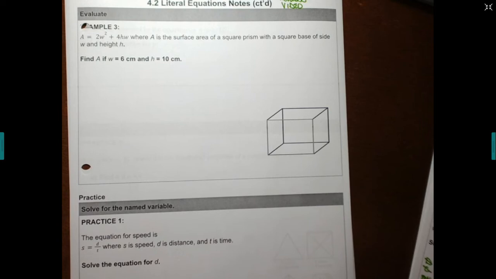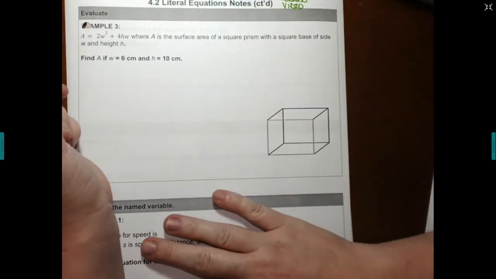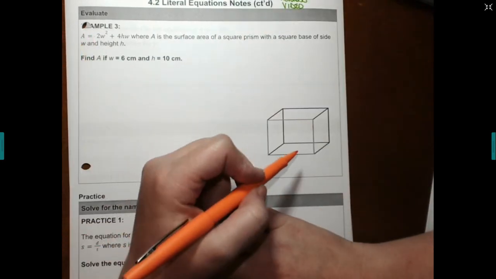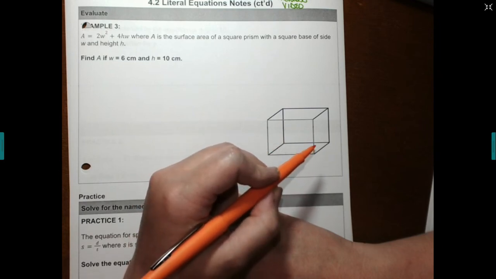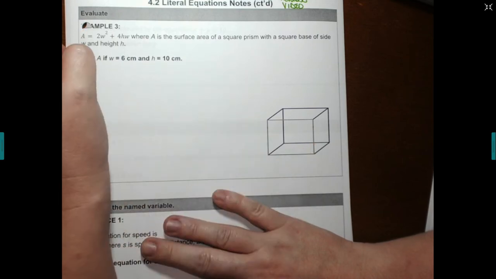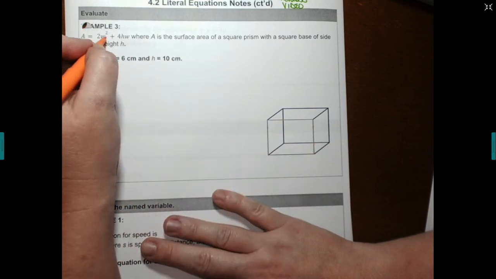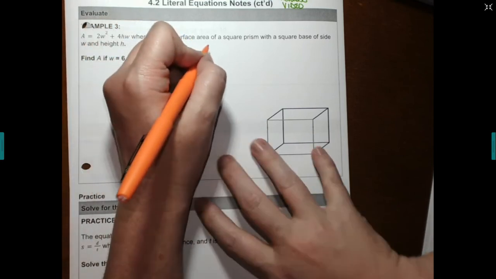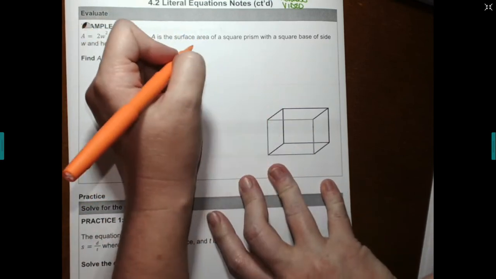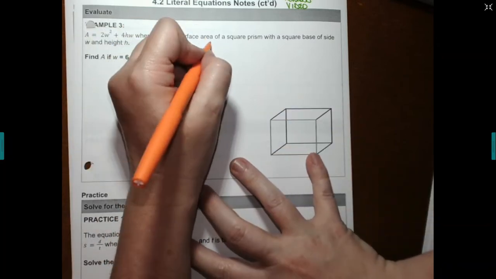Okay, example 3. Area equals 2W squared plus 4HW, where A is the surface area. So not just the area here, but the area of all the surfaces.